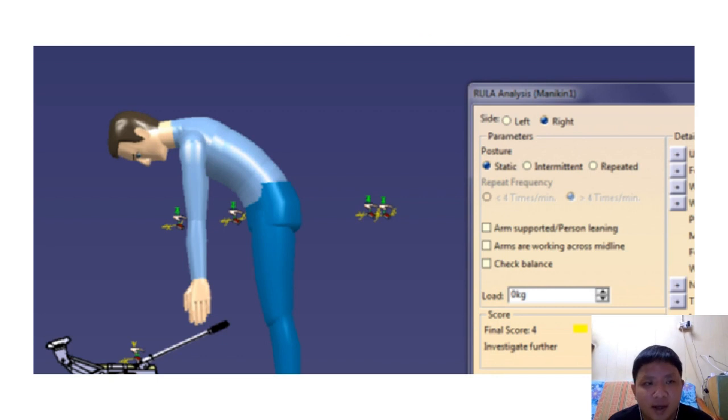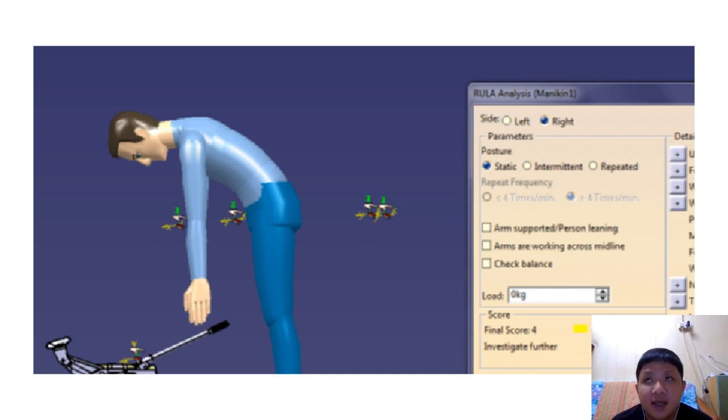Other than the FEA analysis, we also did some ergonomic analysis. Following in the slide is the analysis done by Katya, which is a RULER analysis. From the RULER analysis, the result we get is 4.